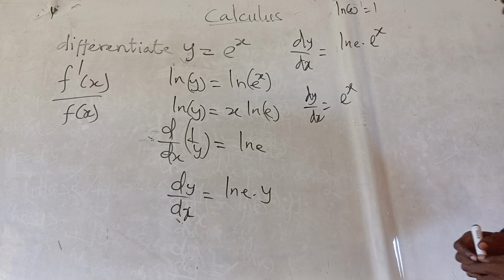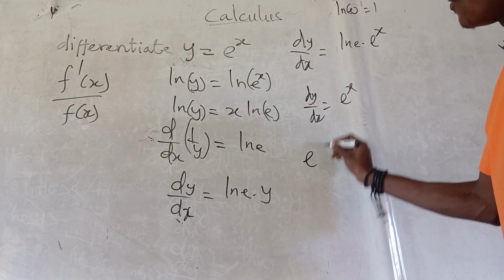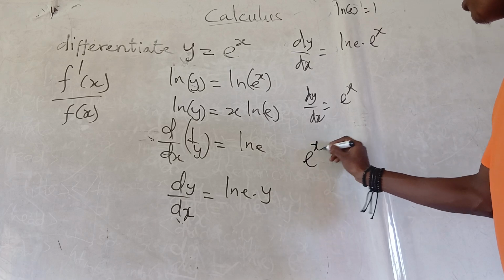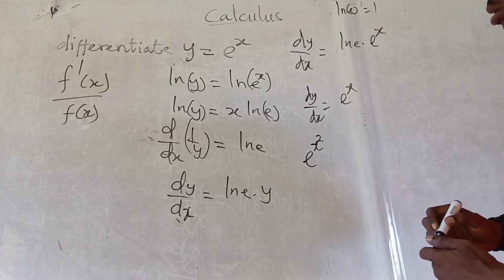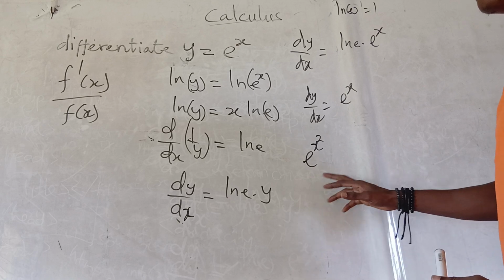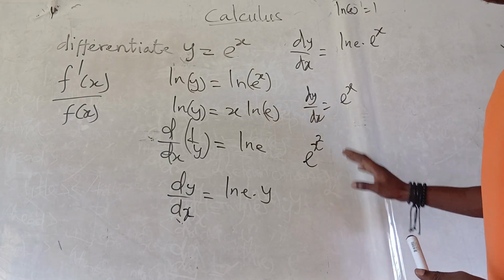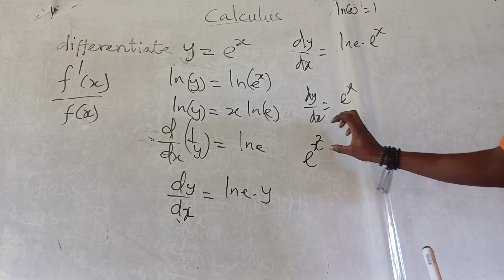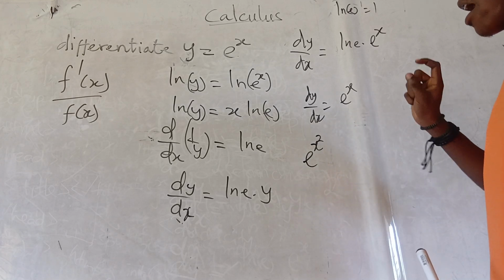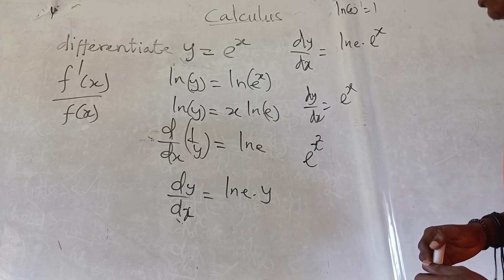So let us also, if you do understand, differentiate e raised to the power x squared. You can pause the video and differentiate e raised to the power x squared. So now, if you are to differentiate e raised to the power x squared, we are just going to pick the exponent.